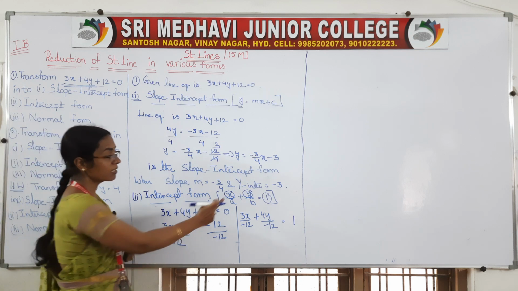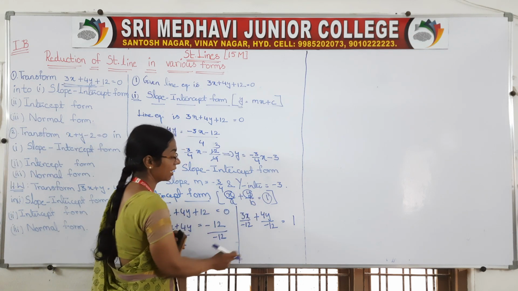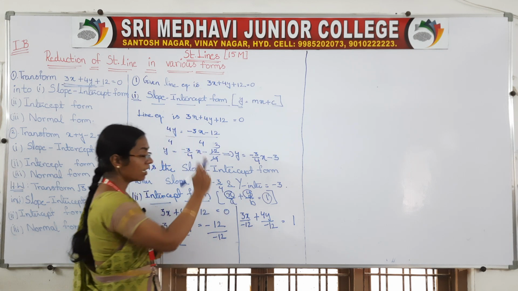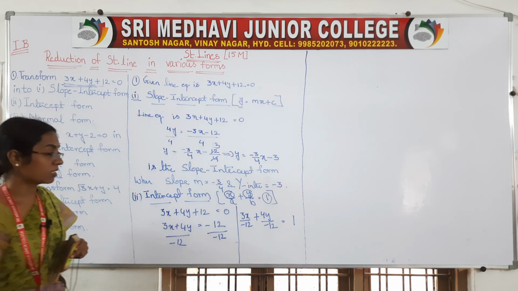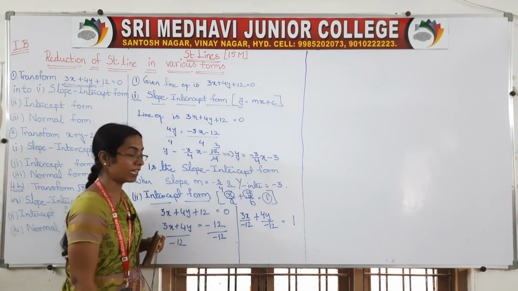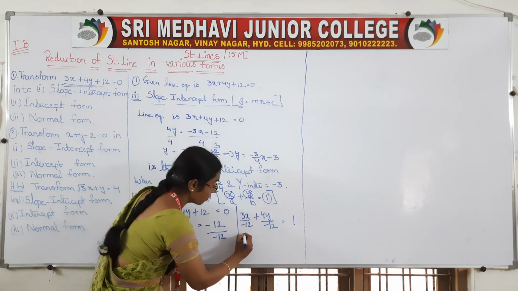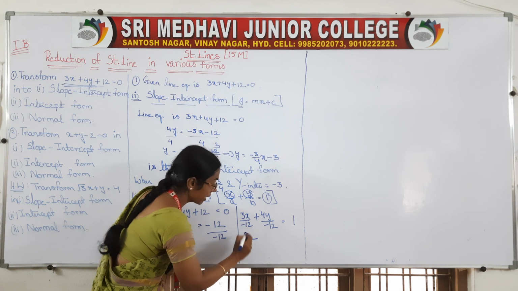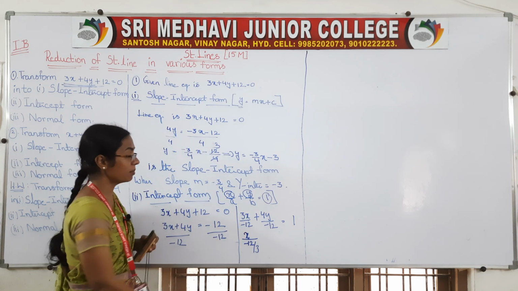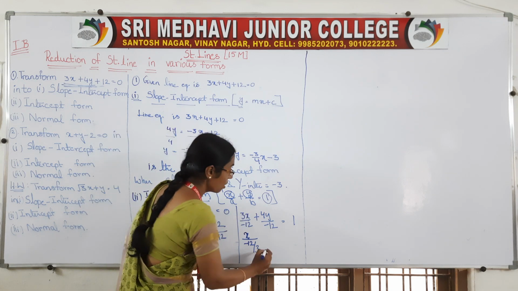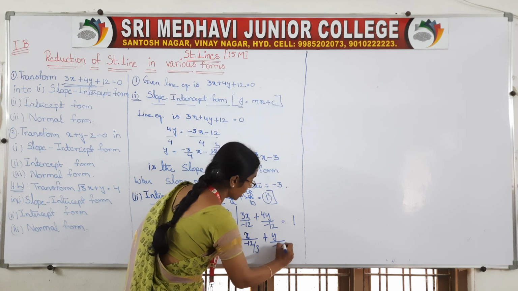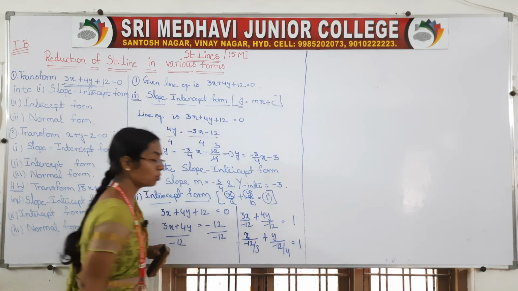So our aim is that on the right side we have to get 1, and upstairs only x must be there, and here upstairs only y must be there. If you observe, 3x is there, 4y is there, so send 3 downwards so that only x is there: x by minus 12 by 3. Similarly, send your 4 downwards, so y by minus 12 by 4 is equal to 1.